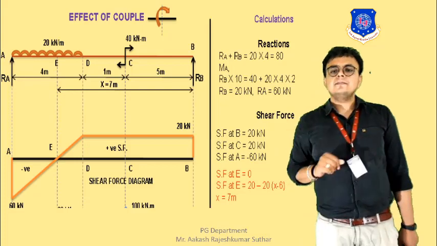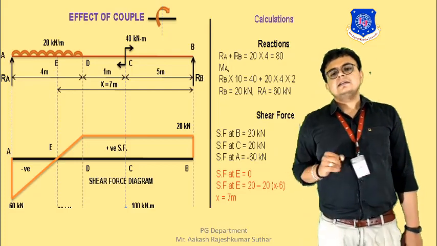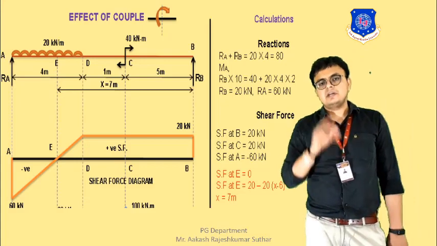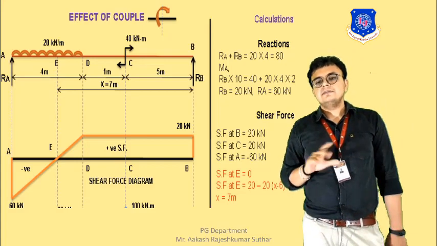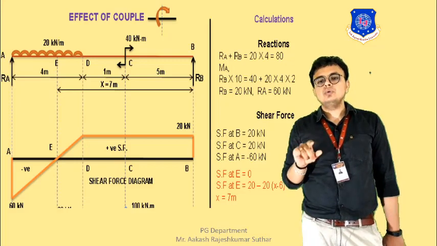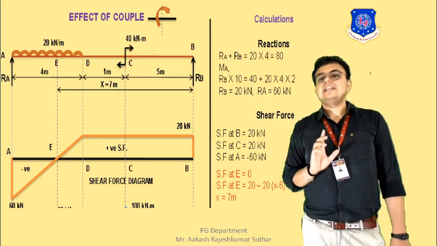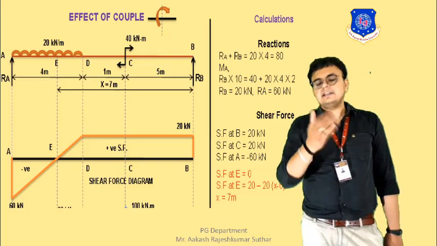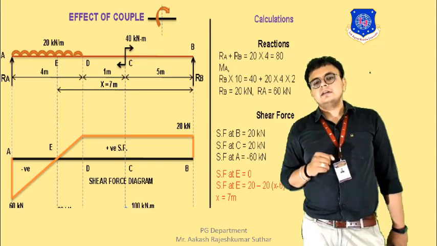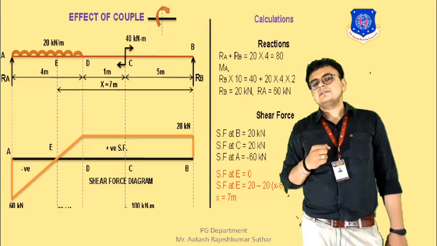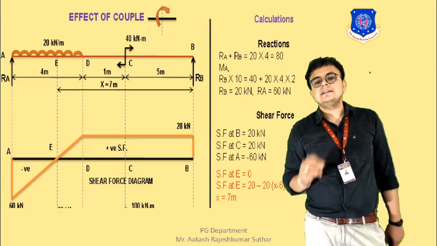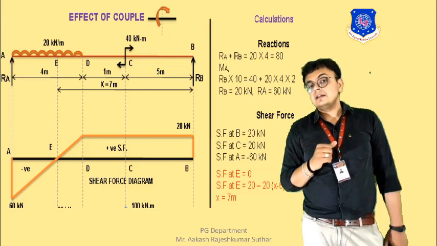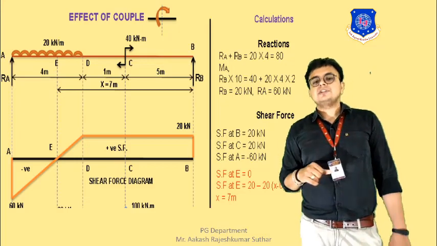The reactions will be the first step. So ultimately we need to find the reactions. So RA plus RB will be equal to 20 into 4, that is equal to 80. Taking the moment at A, the formula will be in such a way that RB into 10, the distance from B to A is 10 meter, and it is in anti-clockwise direction.